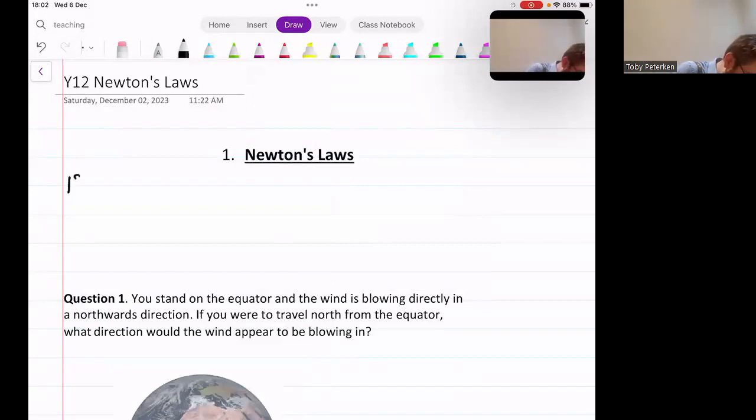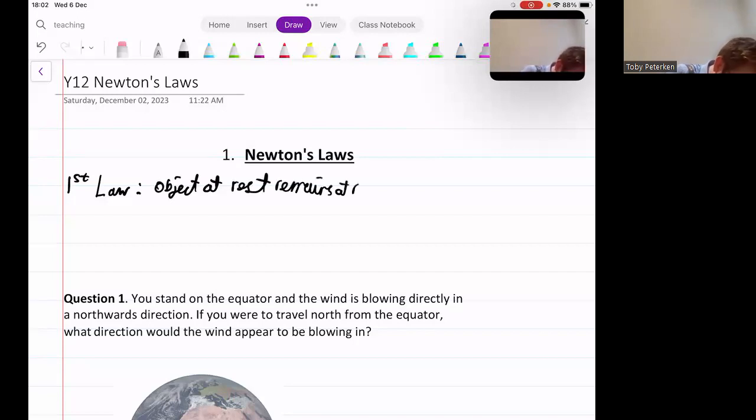The first law is, if we're in an inertial frame, an object at rest remains at rest, or an object remains in uniform motion, so that's the same velocity, the same speed and in the same direction.